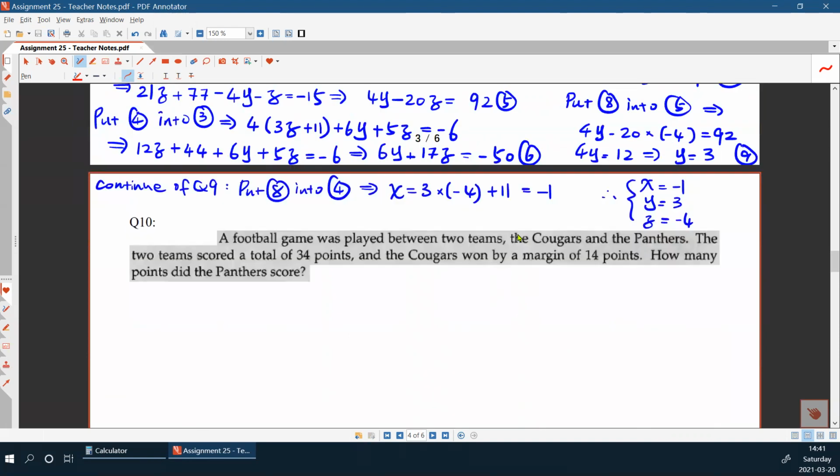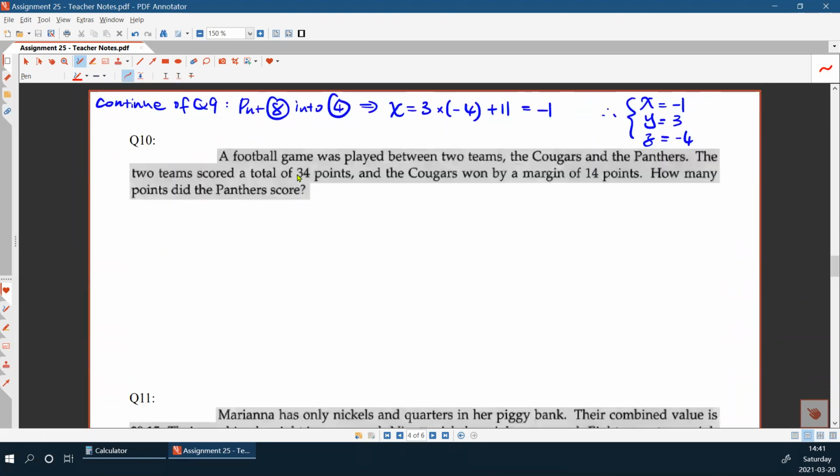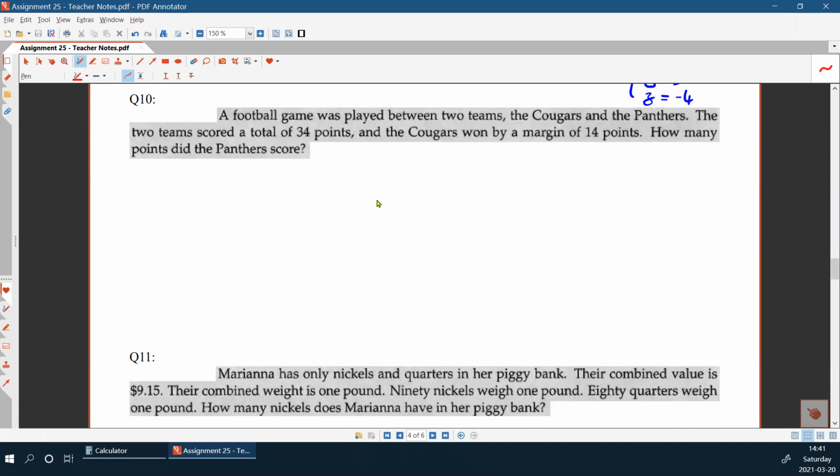Okay, if you don't have any questions, let's proceed to the application questions. So what's the key point of the application questions? In the application questions, there are no formulas, right? You need to convert the wording to mathematical formulas. This is called mathematical modeling.